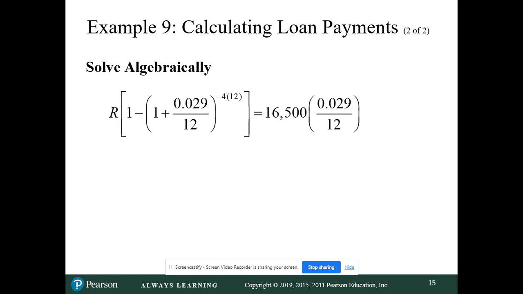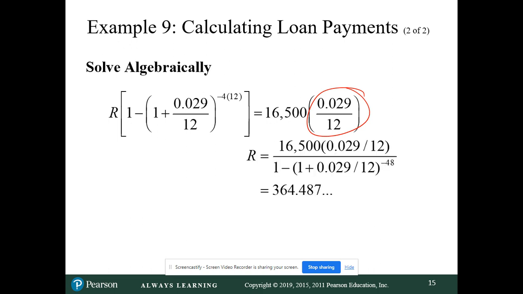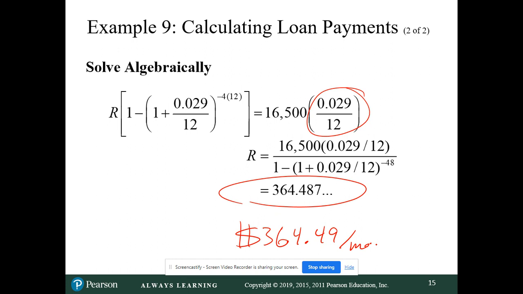So then what we do is we multiply each side by the denominator. I would figure this out as a decimal and then divide it. And so he has to pay basically $364.49 per month for that vehicle.